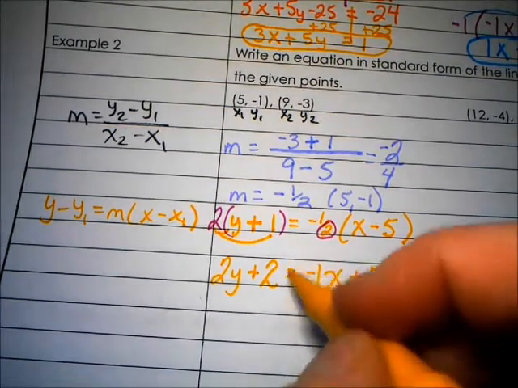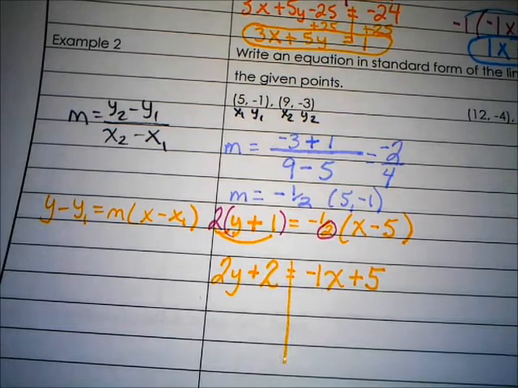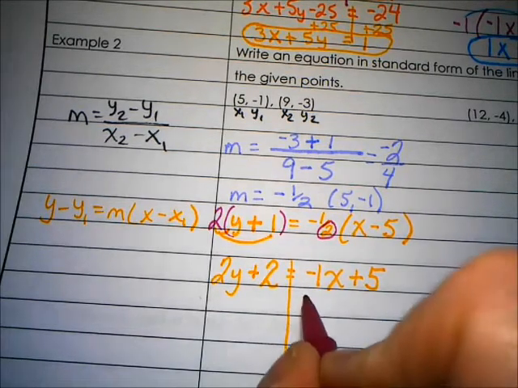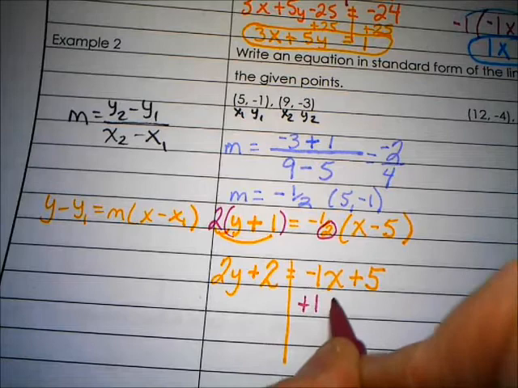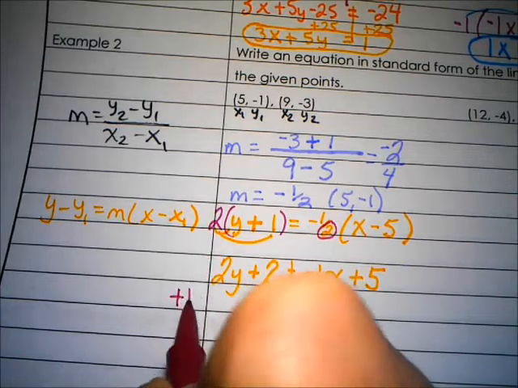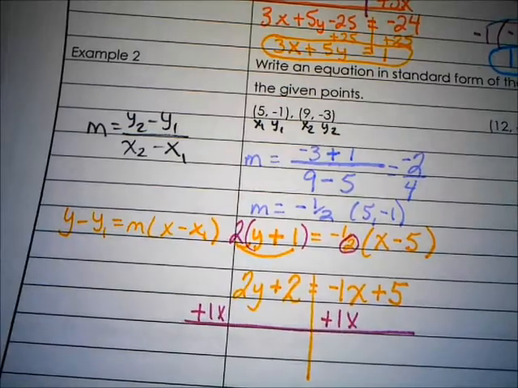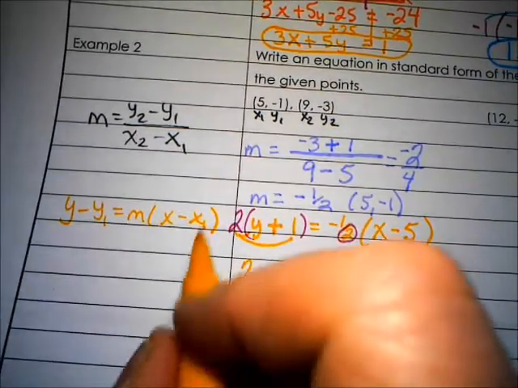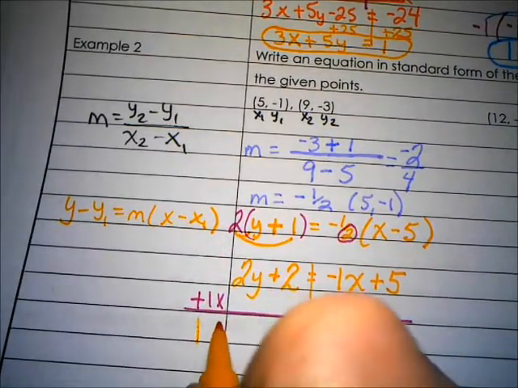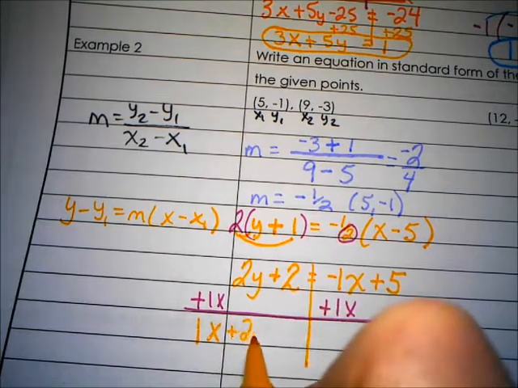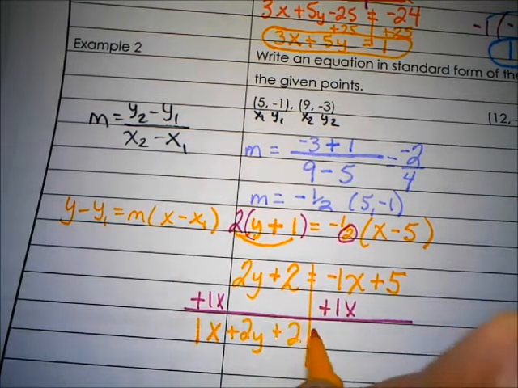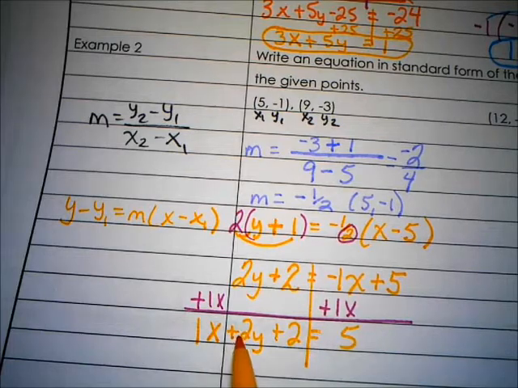I need to move the x now to the left to get it in the proper form. When I bring it down, what do I have? Okay, I should have 1x plus 2y plus 2 is equal to 5.